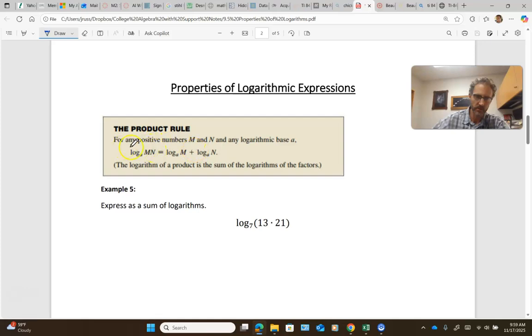And then if you come over here to the left side, these exponents are being multiplied in a sense, okay? Or the exponential expressions are being multiplied. So the way you can think about this is, if you're taking the logarithm of a product, or two things being multiplied, then you can split this up into two logarithms by adding those two factors, okay?